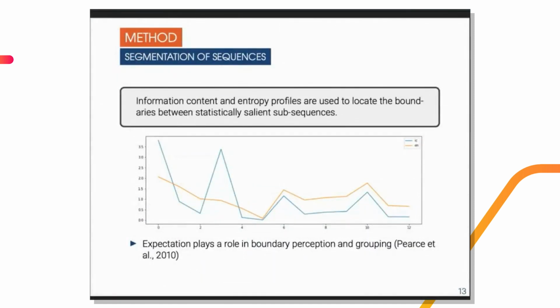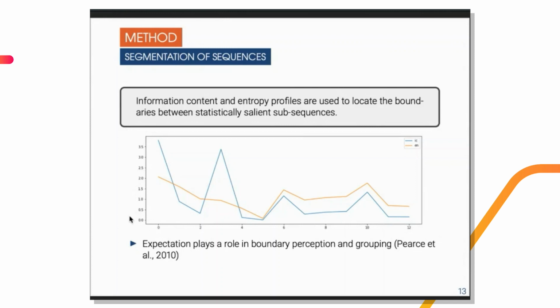So now we have these predictive models, and we want to use them now to find statistical patterns. We want to find patterns and then do this hierarchical construction of knowledge. So the first step towards this is segmentation of the sequences. And again, to do this, we use information content and entropy.